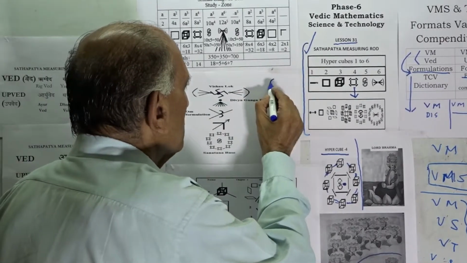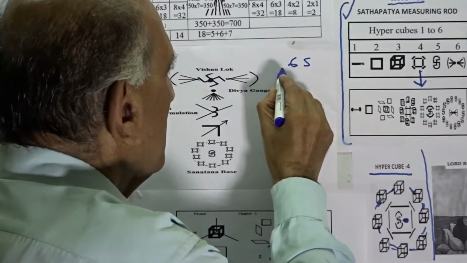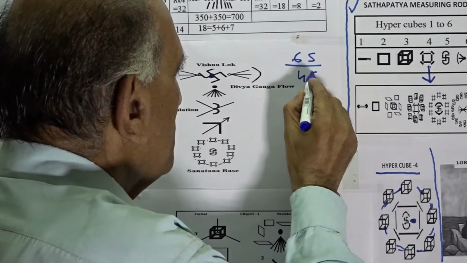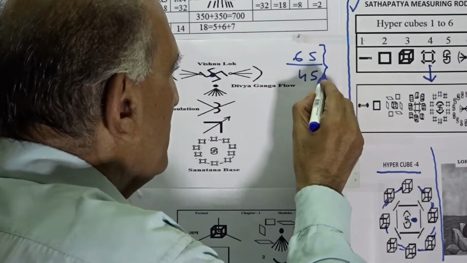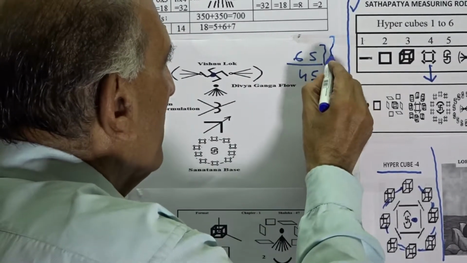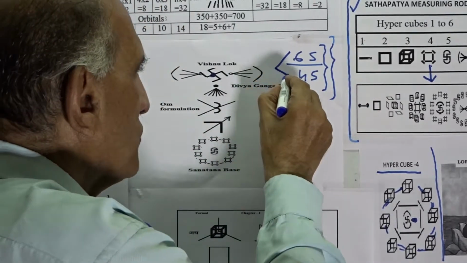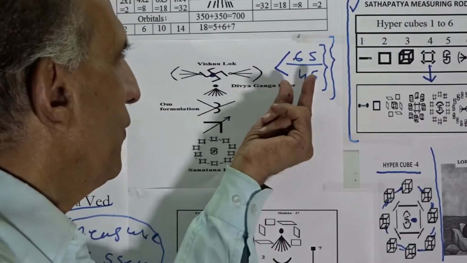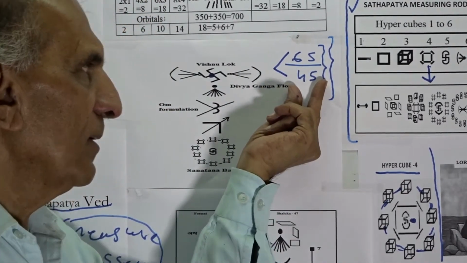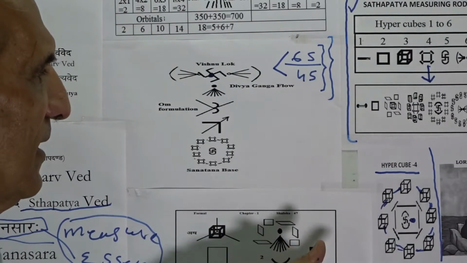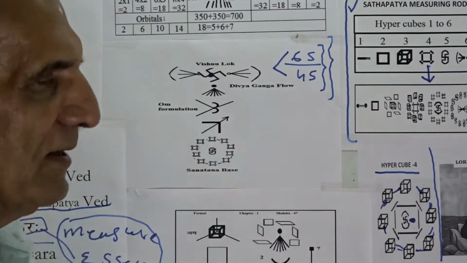So the 6 space presiding deity and the 4 space presiding deity are interconnected, interrelated, and become an integrated phenomenon as of 6 space domain with 4 space as a dimension. So 4 space as a maya.